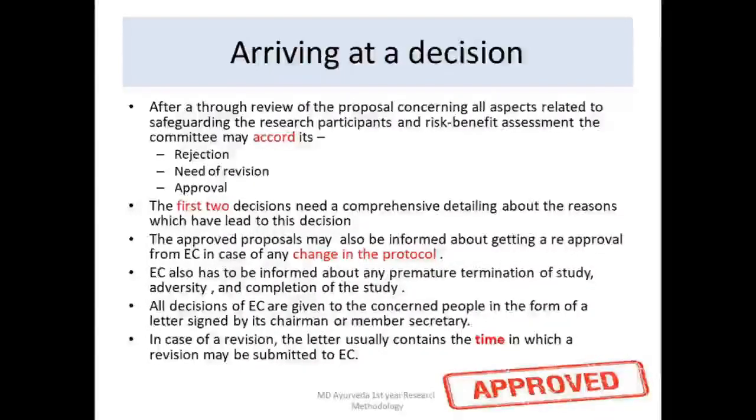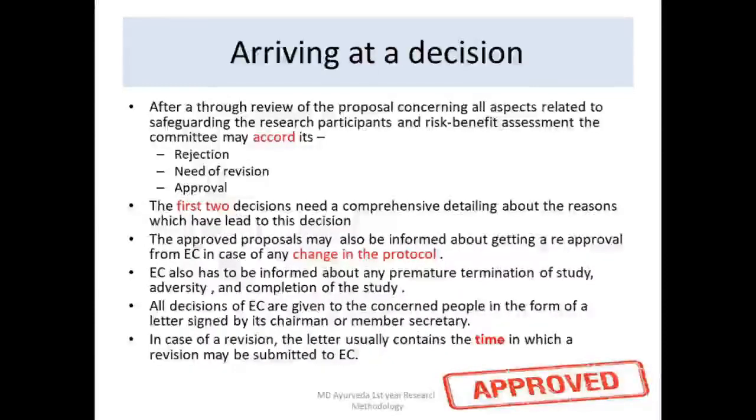The first two decisions need comprehensive detailing about the reasons which have led to the decision. If the committee is rejecting a proposal or asking for a revision in the proposal, the decision letter should contain the explanation about why they have reached this decision.